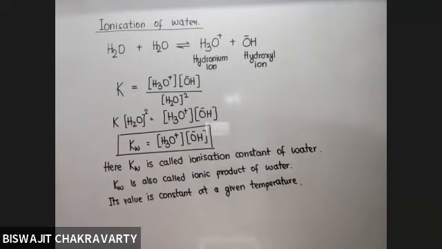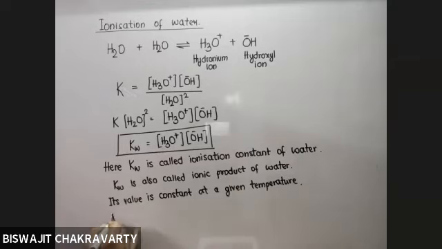But as the temperature changes, the value of Kw will also change. Kw value will change with the change in temperature. Otherwise, if temperature is fixed, it will remain the same. It's not going to change.